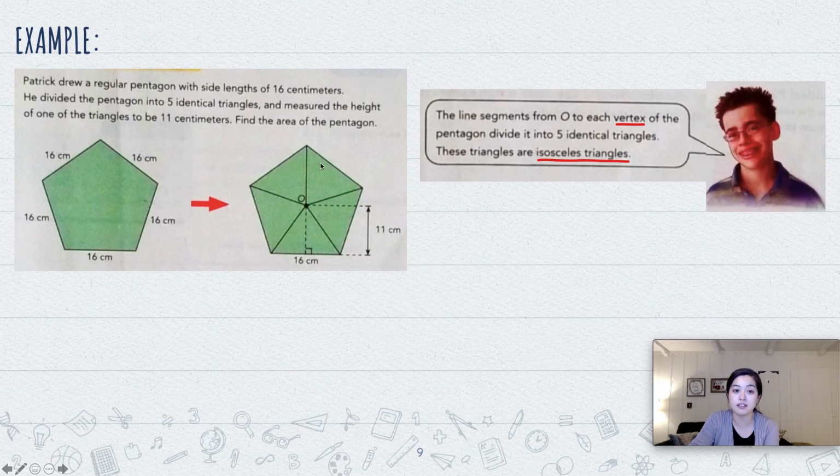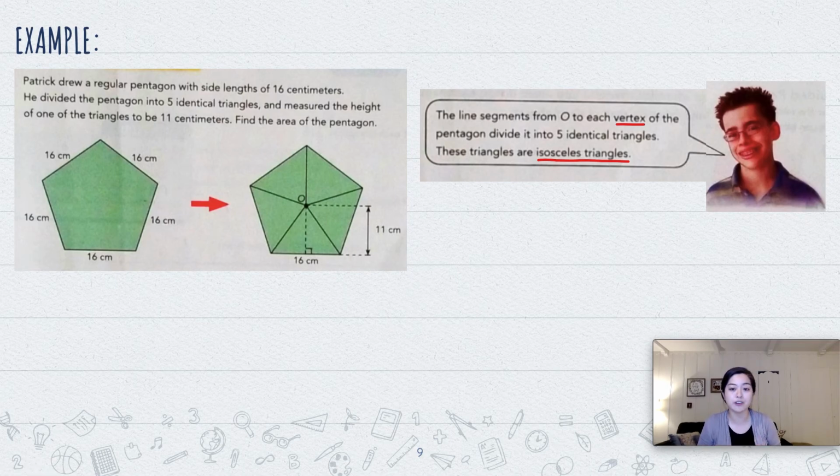And this side and that side meet at the polygon here, so that's the vertex. These triangles are isosceles triangles. Do you recall what an isosceles triangle is? It's when there are 2 sides of a triangle that have the same length. That's an isosceles triangle.